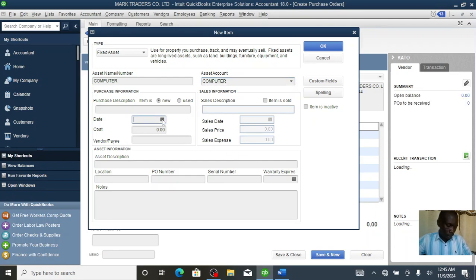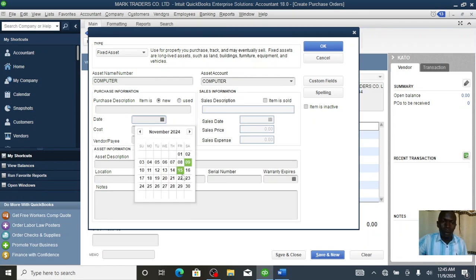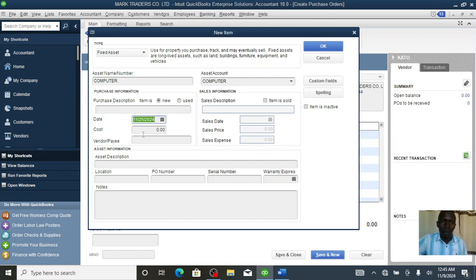Then the date we are not given, so the cost is 2 million. Then okay.